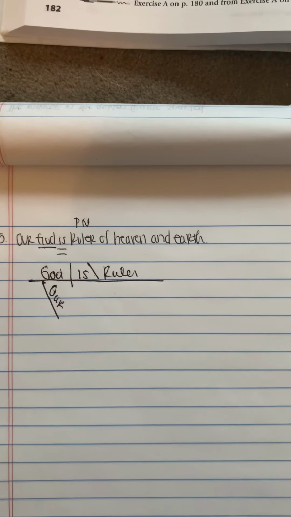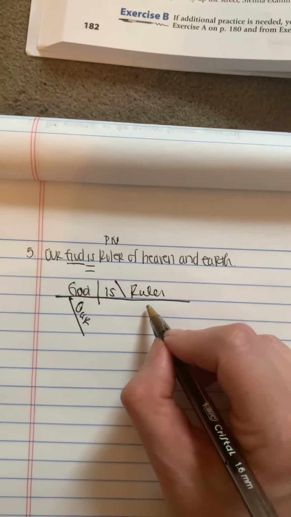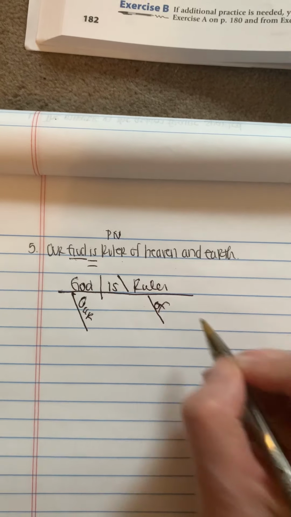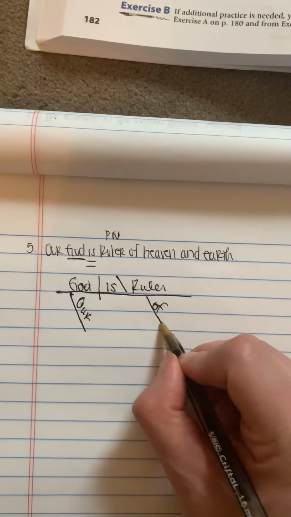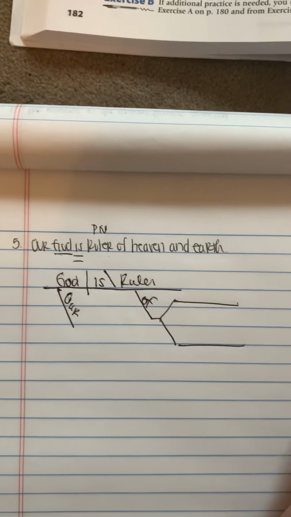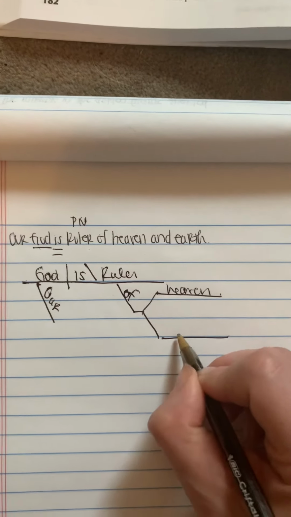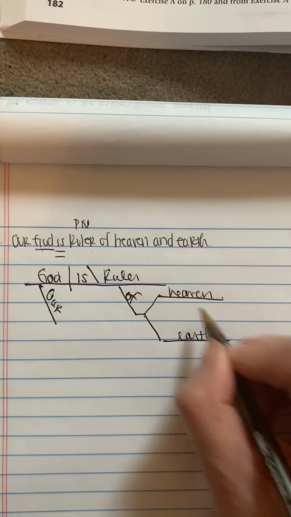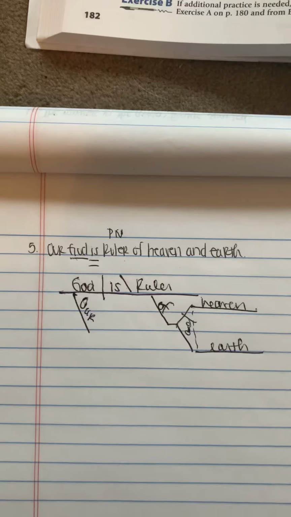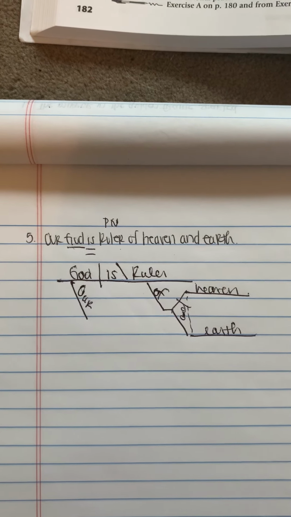So of heaven and earth is telling you what kind of ruler. So preposition always starts with the slanted. Preposition always goes on the slanted. And then we have 2 objects. Start with your first one, heaven. Your second one, earth. And then what kind of conjunction? And there you have your 5th diagram.